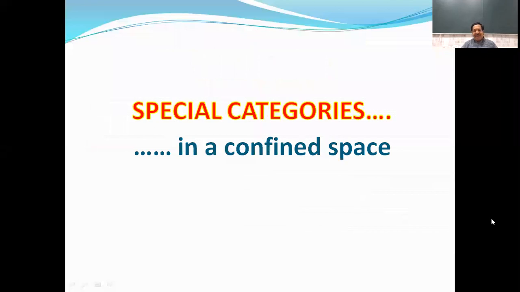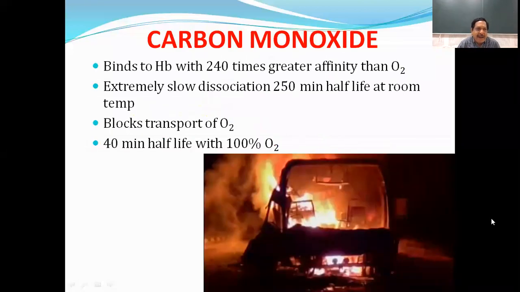Special categories, when it occurs in a confined space like a room, in a vehicle, in a train compartment, in a house where it is a confined space, what happens? Here, apart from thermal burns, you have inhalation injuries, because carbon monoxide, which is produced, binds with hemoglobin with 240 times greater affinity.